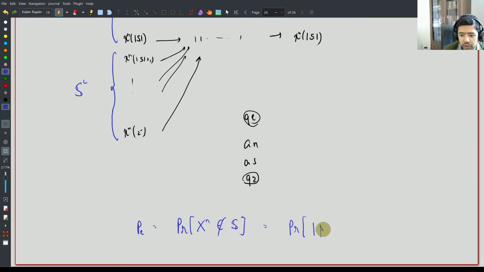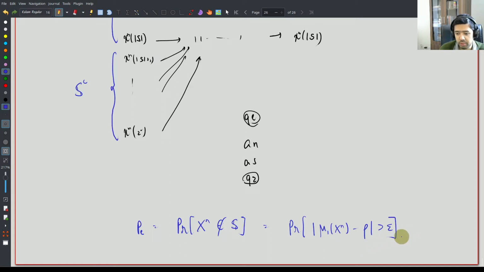So therefore, this is the set of all sequences for which the fraction of ones deviates from p by more than epsilon. Right? The fraction of ones in the sequence is strictly greater than epsilon.